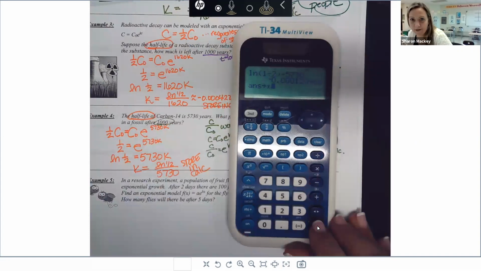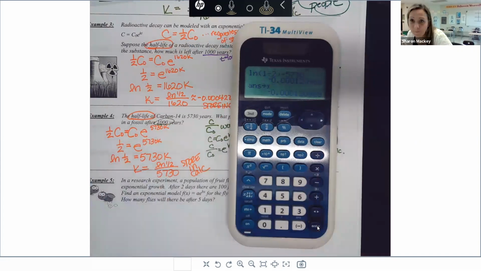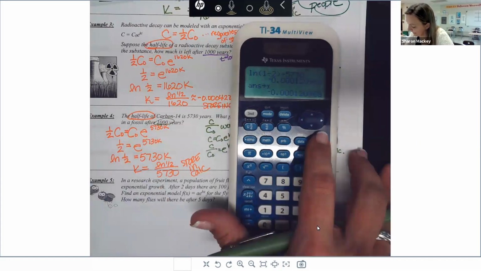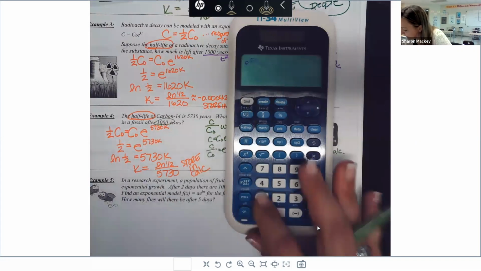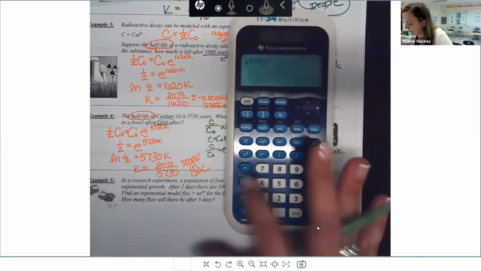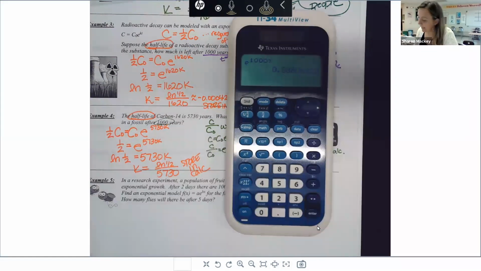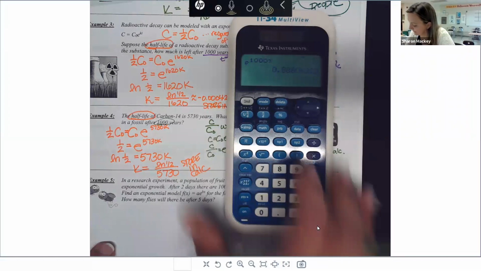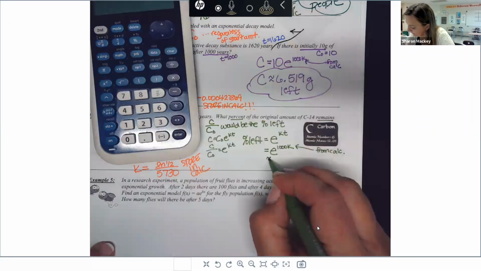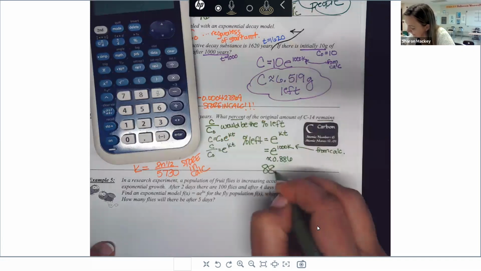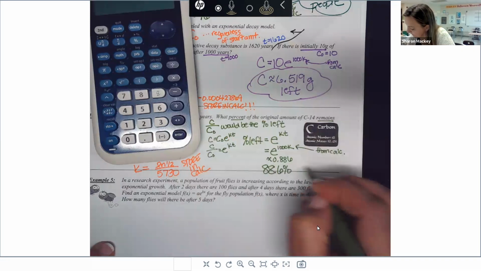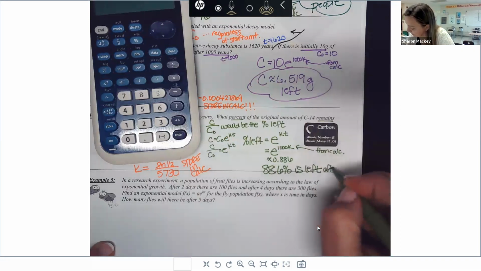That would be a good plan. Okay, so now that's my storage for X in the calculator. Now I'm taking E to the 1,000 times our new X. And that gives me about 0.886, which means that 88.6% is left after 1,000 years.